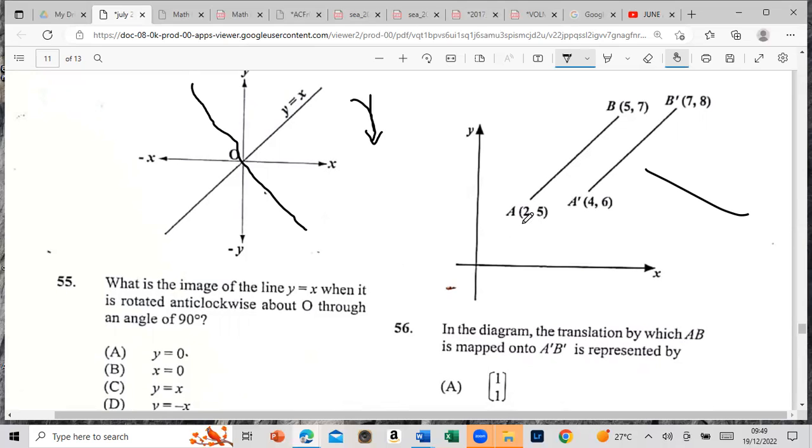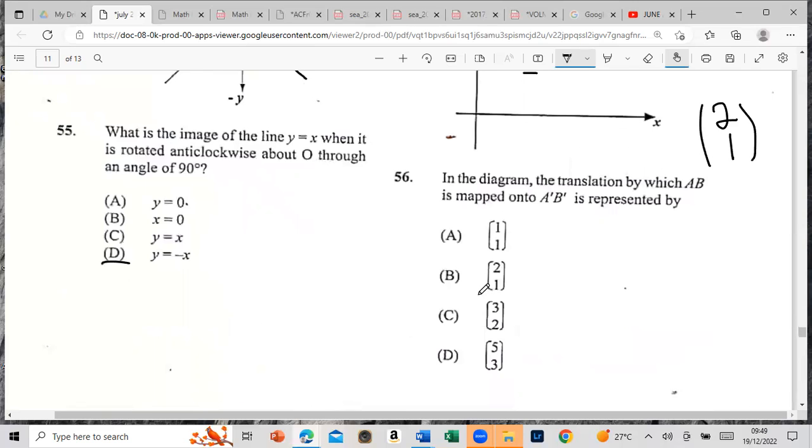So we are at 2, and we end up at 4. 5, and we end up at 7. So that means the x part will be 2, you add 2 there. For the y part, we have 5, and you go to 6, so it's 1. You add by (2, 1). Alright, so this one is pretty straightforward.